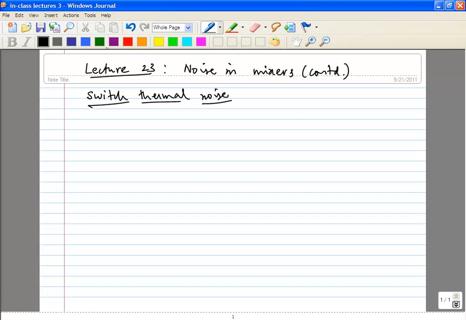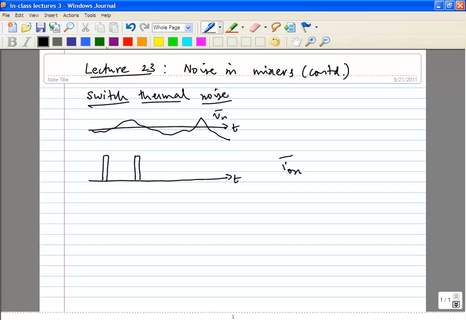Okay, so we'll do the same thing as we did last class. Let's say the noise has some weird profile like this. What we saw last time was, if you look at the output noise, we could represent it as a series of pulses, right?